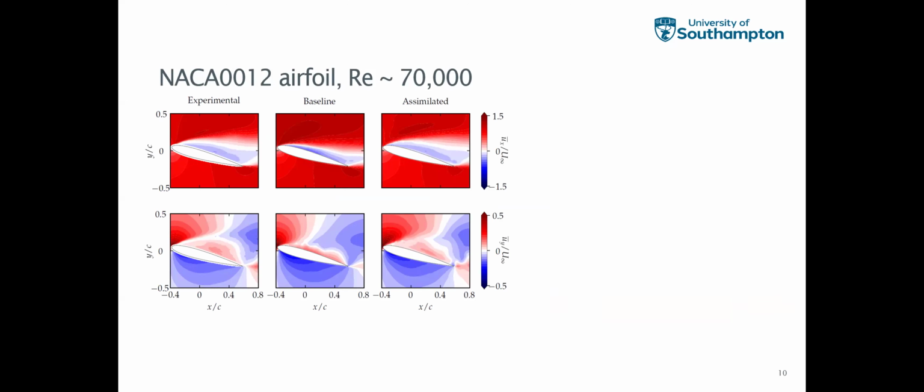And the first column being the experimental, the second one is the baseline from the Spalart-Allmaras turbulence model, and the third one is the assimilated field using the momentum correction. So it's quite evident that these improvements are quite significant, and that, of course, as we know, the Spalart-Allmaras turbulence model is not very good at capturing these flow physics, especially for stalled airfoils.